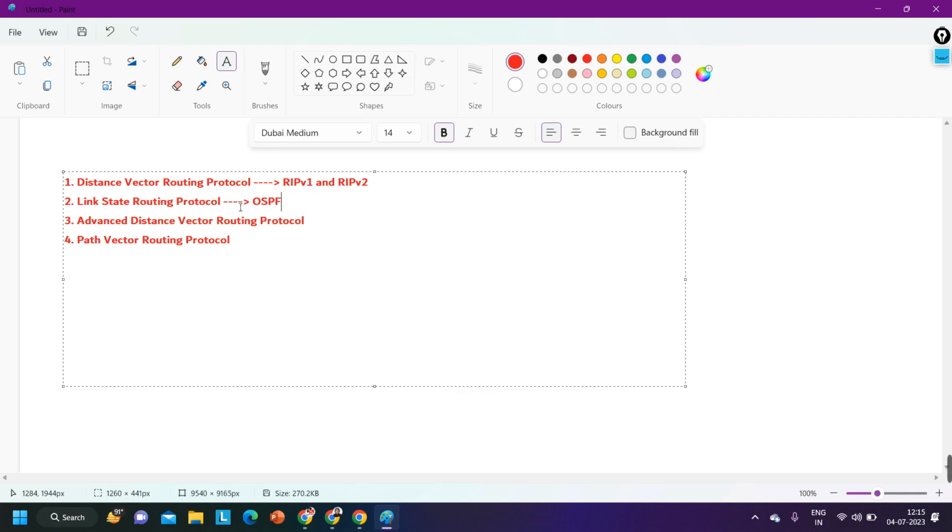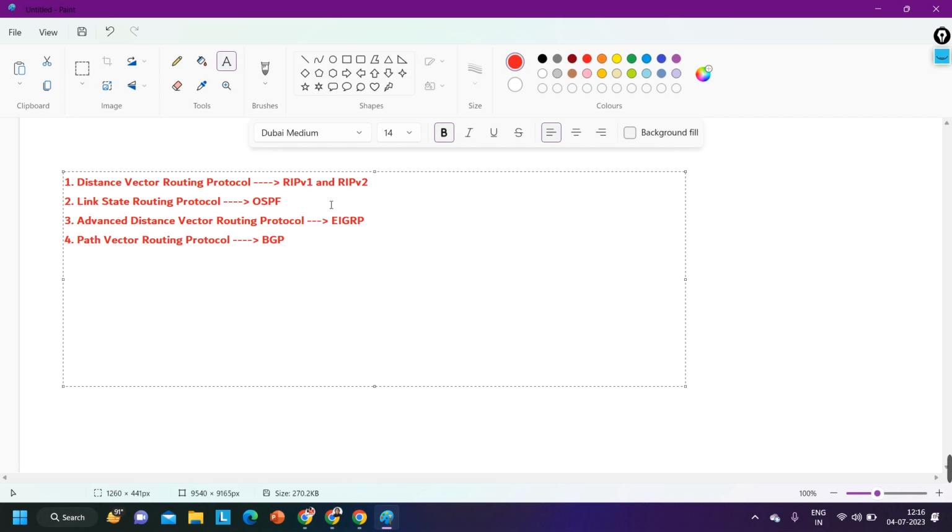We have one more type of link state routing protocol, that is ISIS, but that is not part of my syllabus, so let me remove it from here. After that is advanced distance vector routing protocol, which is nothing but EIGRP. And then we have path vector routing protocol, that is BGP.